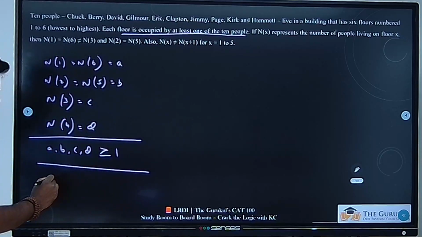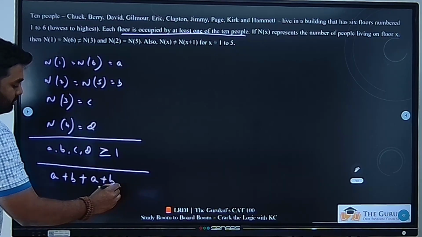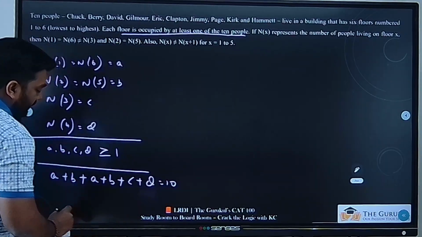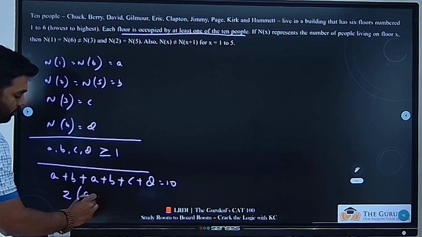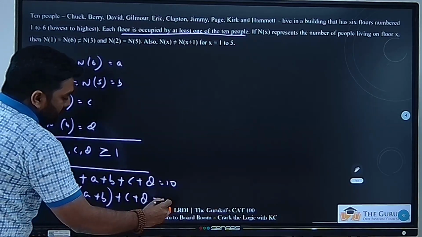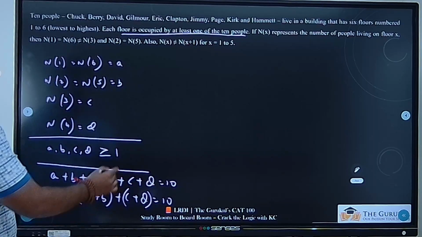Total number of people, that is A plus B plus C plus D plus B plus A, should be equal to 10, which is twice of A plus B plus C plus D is equal to 10 people. This is the second statement.